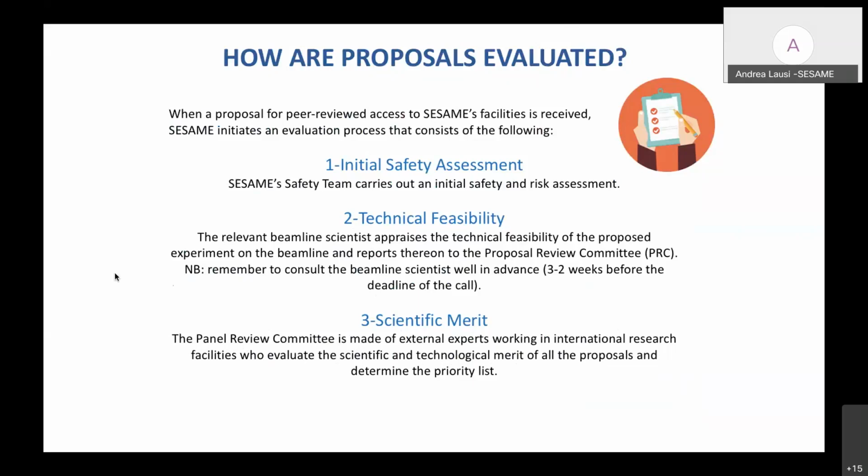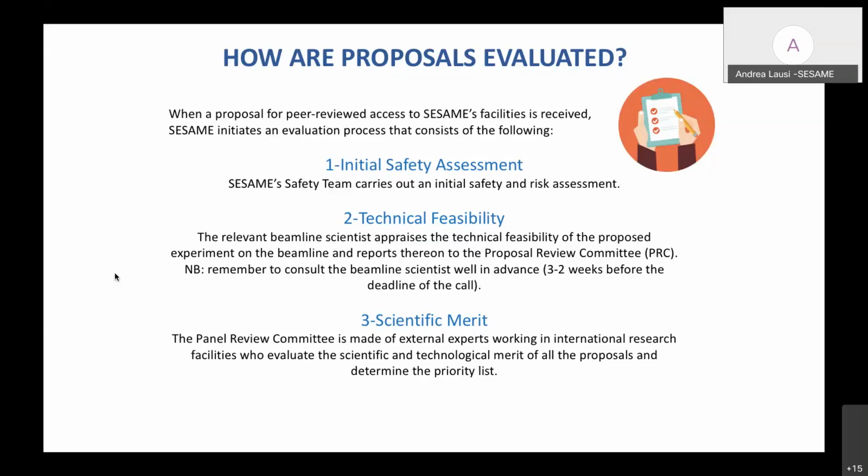The Beamline scientist is not involved at all in the scientific evaluation process. He will just say if this is possible or is not possible. And the moment he says it is possible, he's actually taking the responsibility that he will be able to carry out your measurement. So the best thing to do, again, is speak with the Beamline scientist before submitting a proposal.